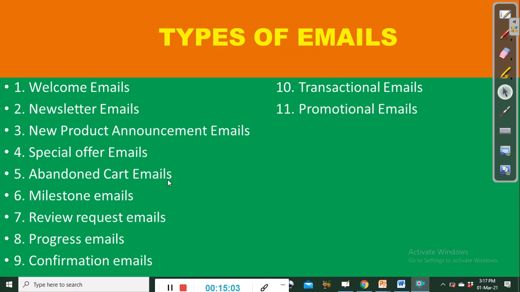You let them know that a new product is coming, and that will actually boost your sales, because the more people you tell about your product, the more chances there are that some of them will begin to buy the new product. So that exactly is what the new product announcement email is meant to achieve.